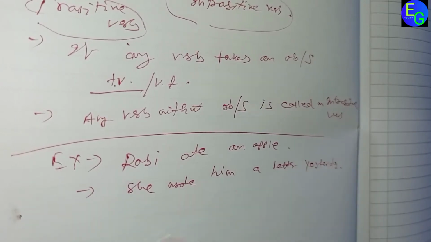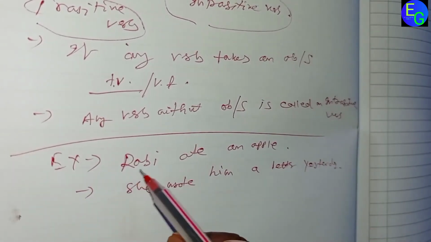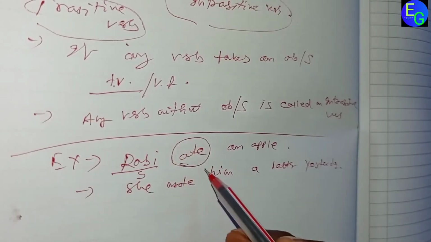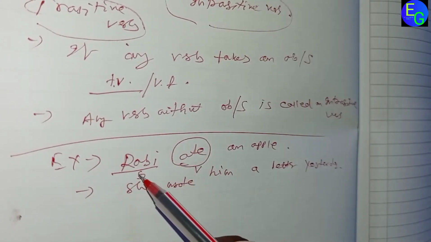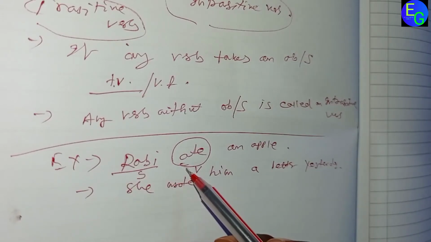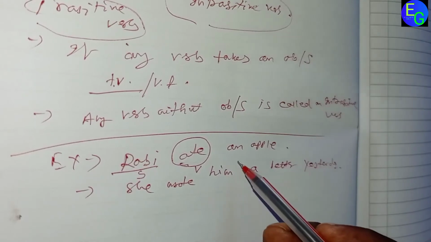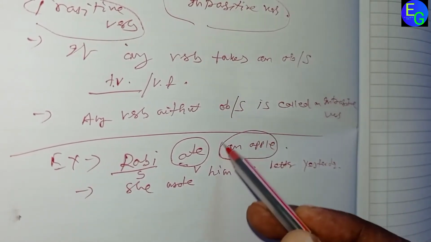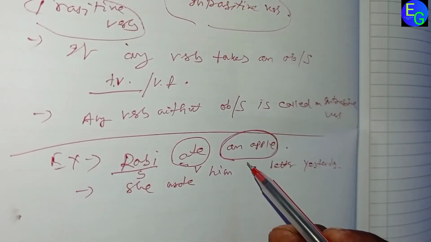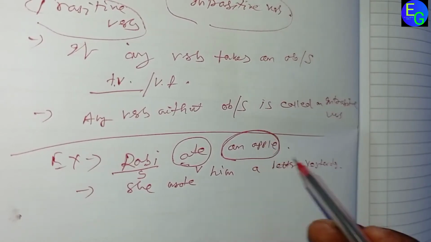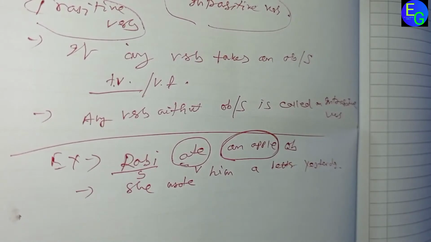Here you see, the subject is Ravi and the verb is ate. What Ravi did is the verb here, and after the verb there is a phrase-like word, an apple. This an apple is the object here.